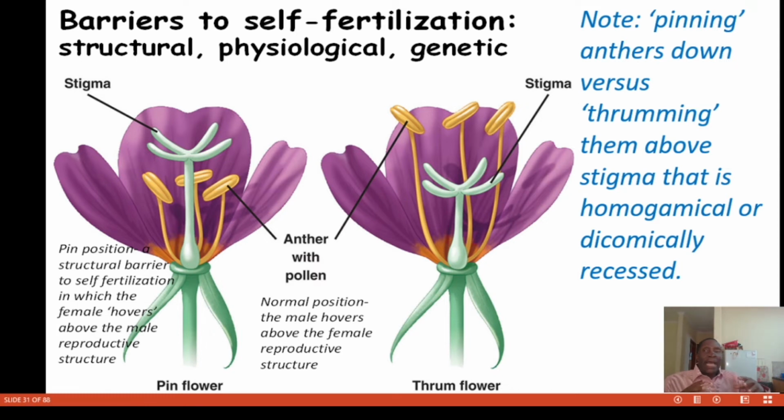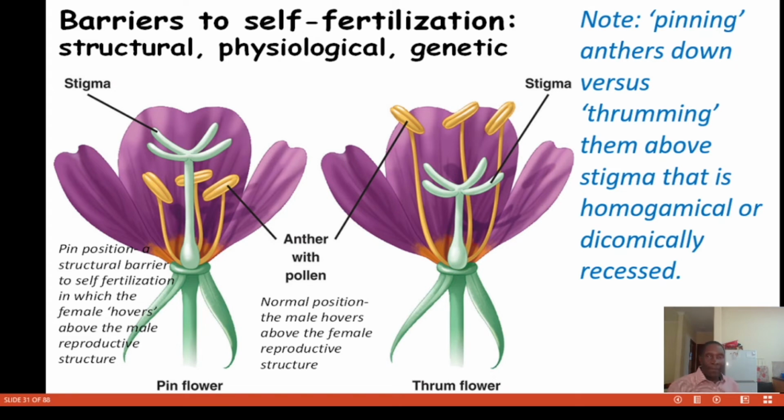You can consider the pin flower to have anthers pinned down versus the thrumming of the anthers above the stigma. That stigma may be homogenical or dichomically recessed.